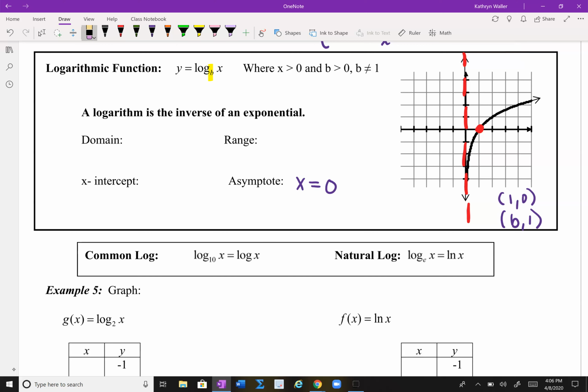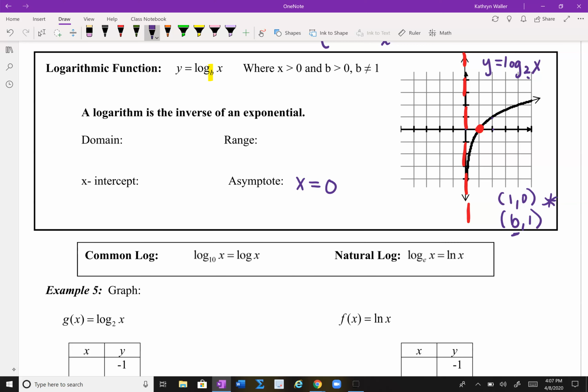So I'm not being asked to come up with the equation for that graph, but I could. It would be log base 2 of x, because from the origin I went right 2 and up 1, therefore my b is a 2, and that's where I put it, okay? So that's what you need to remember right there, and you can graph this thing so fast.